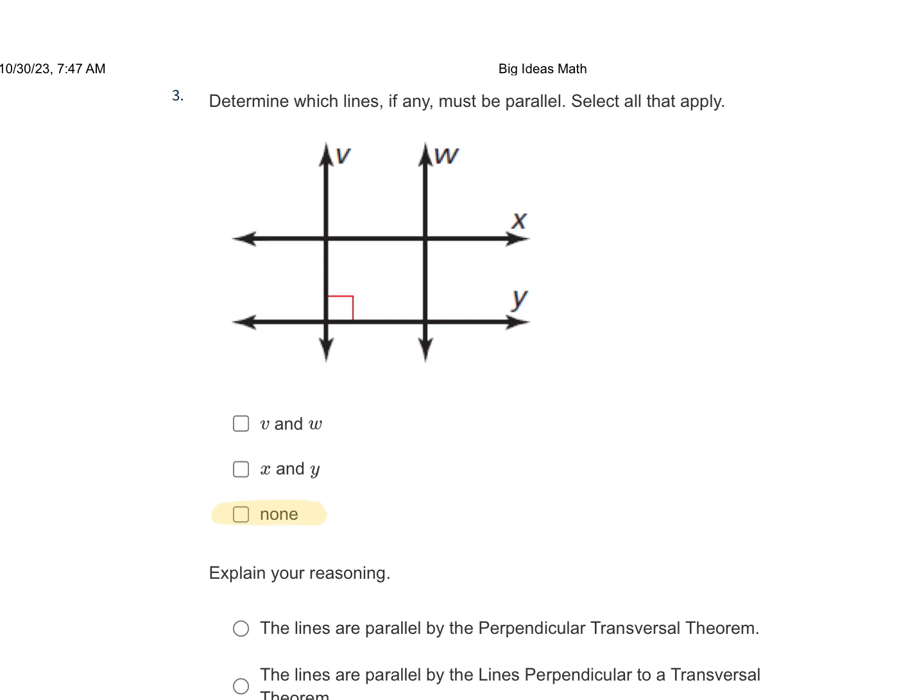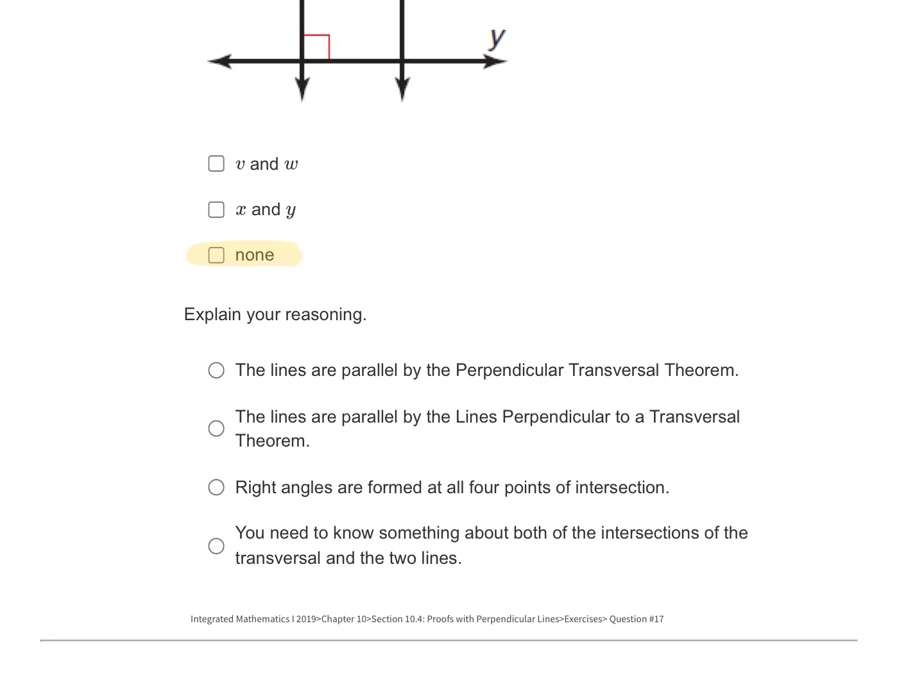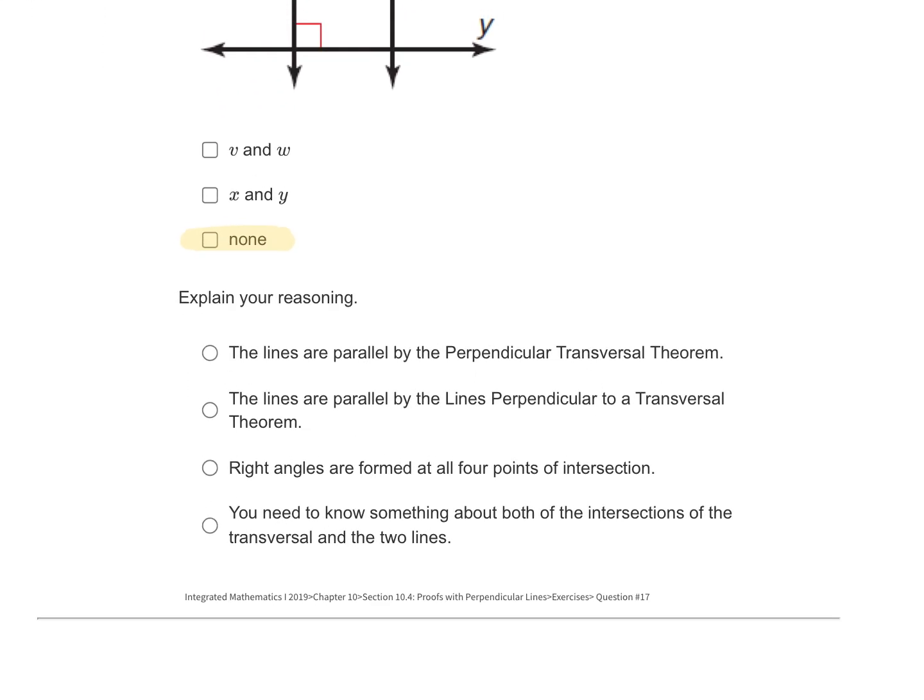Okay, remember, for it to be parallel, it has to share the same transversal. It has to show me that they're both perpendicular. So it's only showing me one perpendicular symbol. I can just prove that V and Y are perpendicular, but I can't prove anything else is parallel. So looking at the reasons, what should my reason be? You need to know something about both intersections. Good. You need to know something about both of the intersections of the transversal and the two lines. That's the only option.